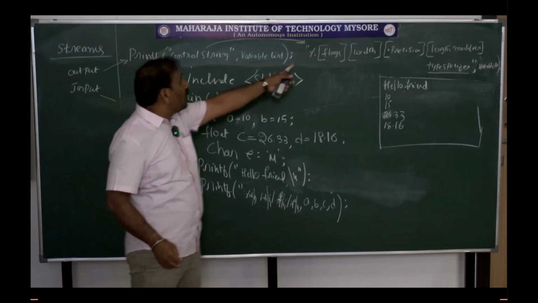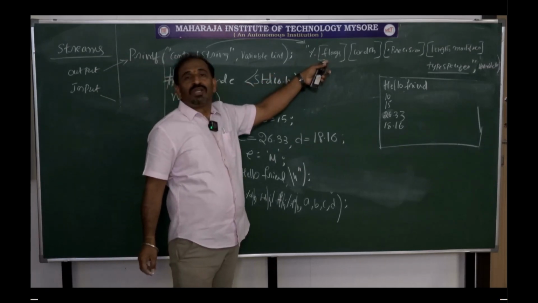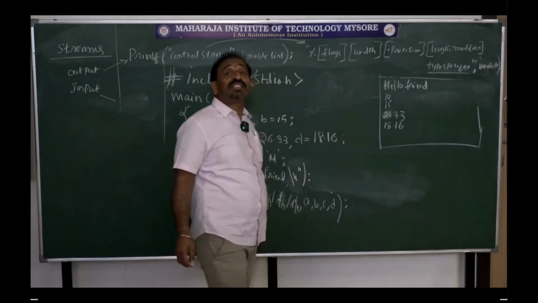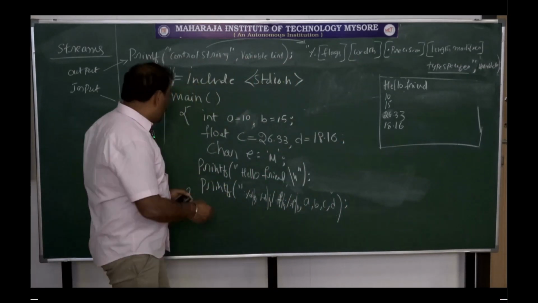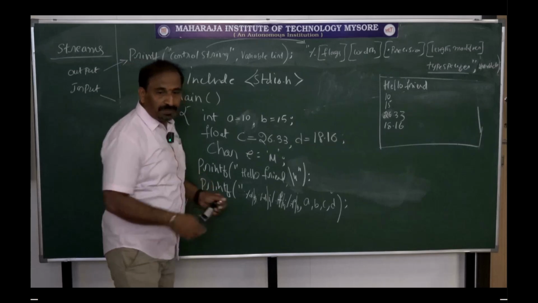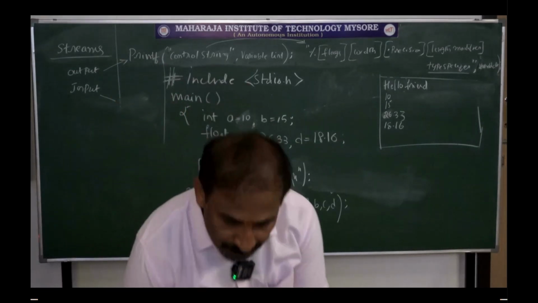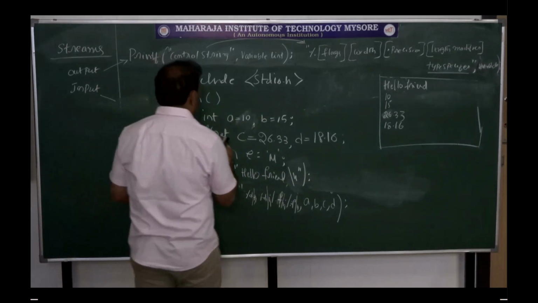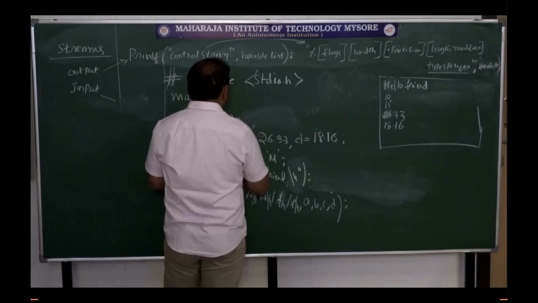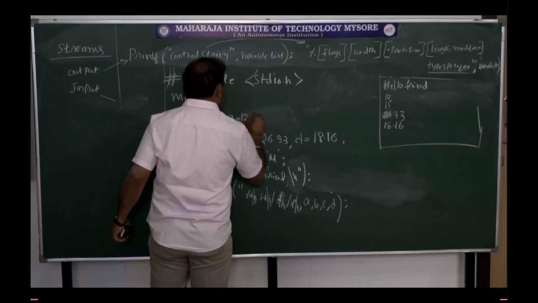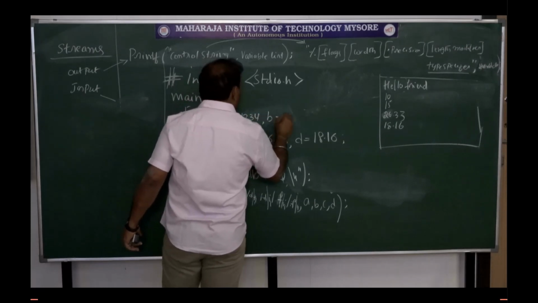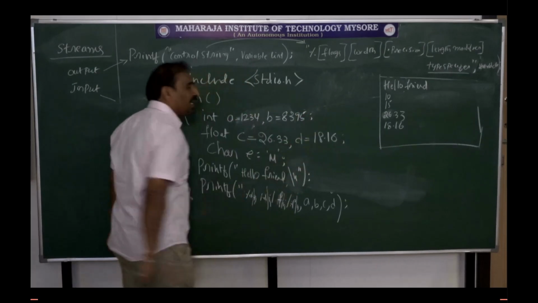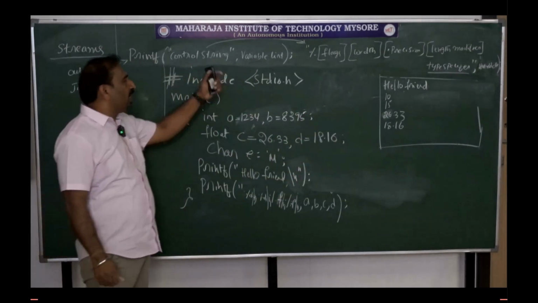Yet we have not used all these things. Width can be mentioned like this. For example, if A is equal to 1234, comma, B is equal to 8395, instead of 10 and 15.